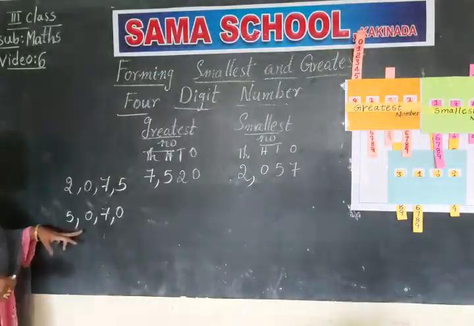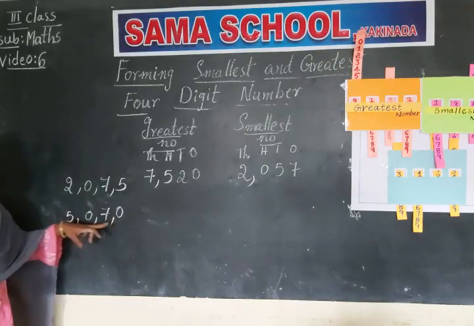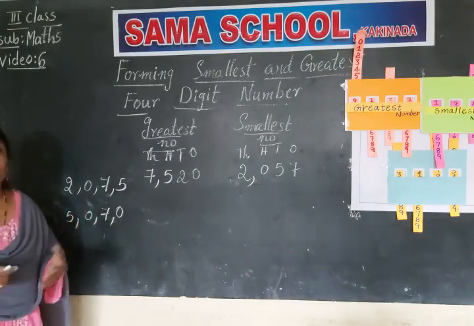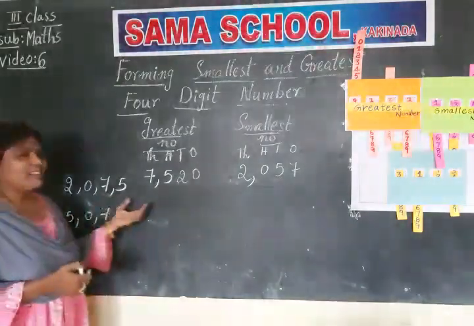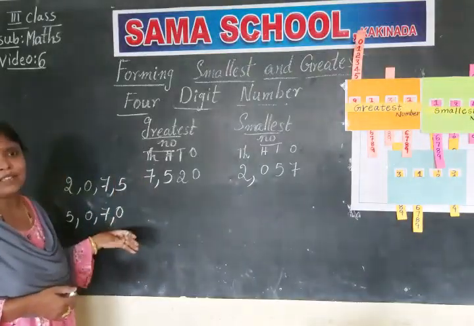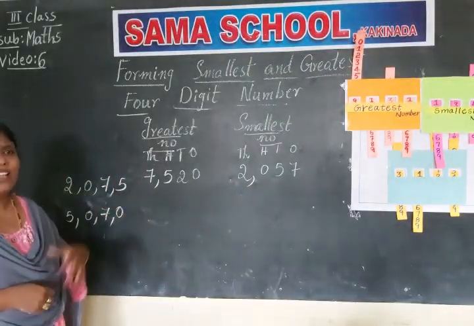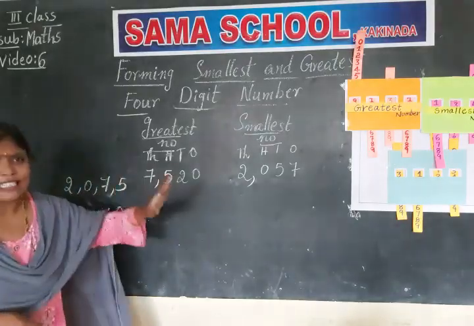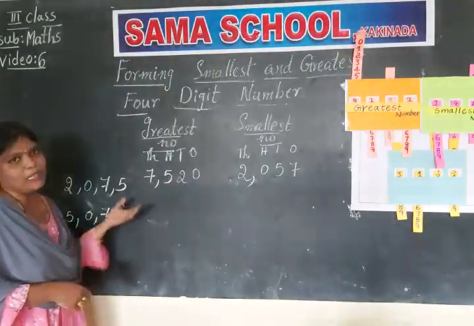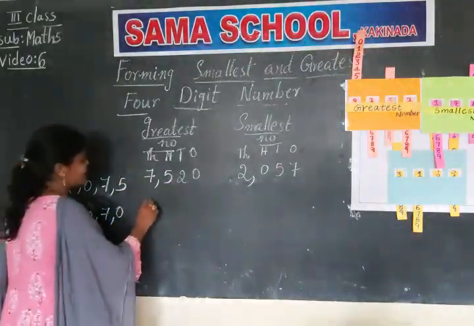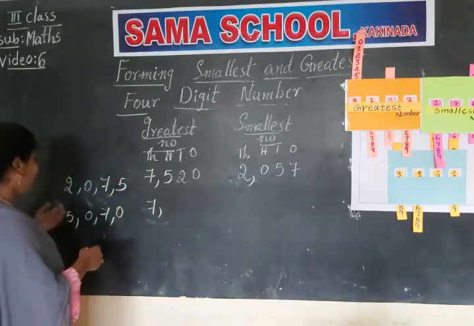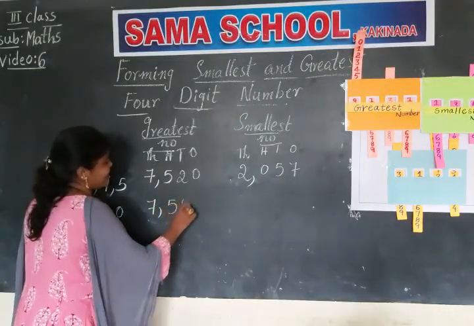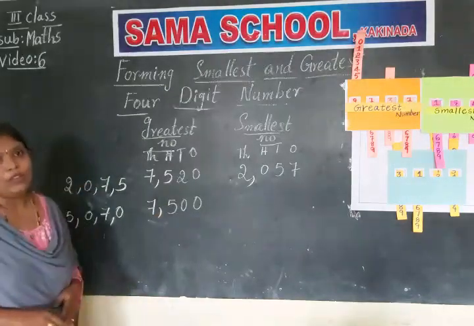So children, here there are 2 zeros. Then how to frame the numbers? To write the biggest number or greatest number, there is no difficulty. As it is, you have to write in descending order, that is from biggest to smallest. Write 7 here, then 5 and 0, 0.